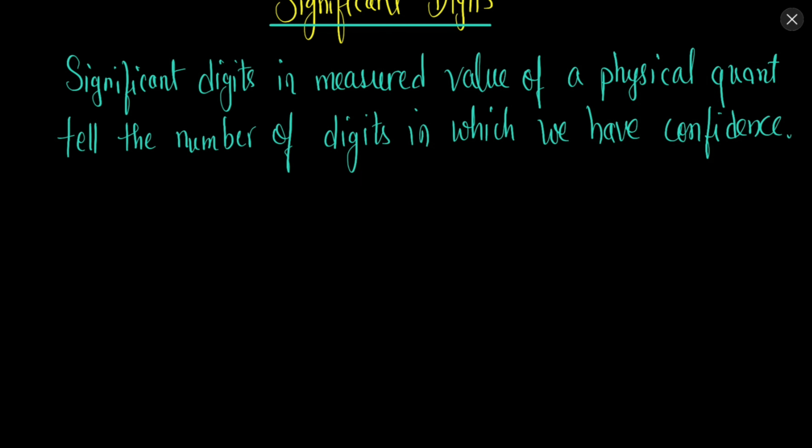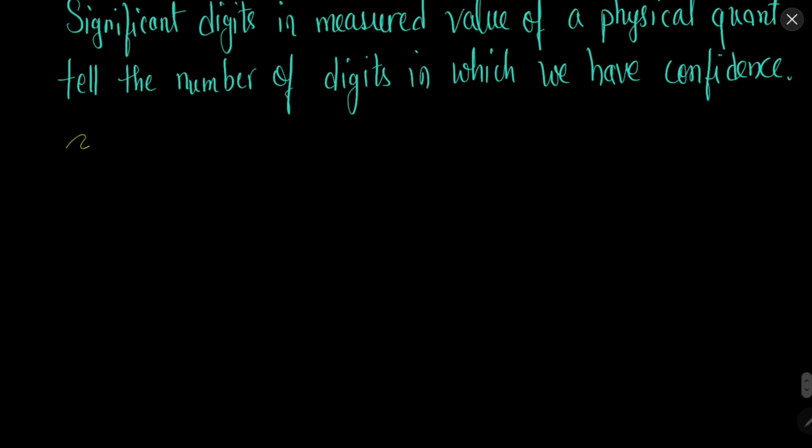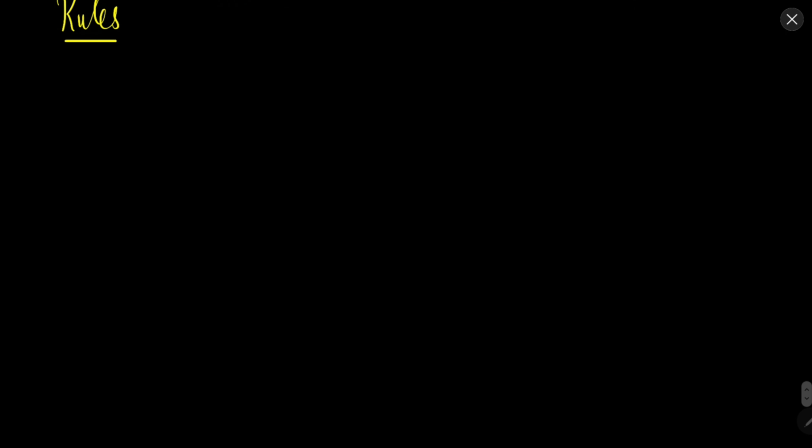Now there are a few rules for finding how many significant figures or digits we have in a question. Let's discuss those rules, and using them you will easily be able to find the number of significant digits in any particular measurement. The first rule is: all non-zero digits are significant.